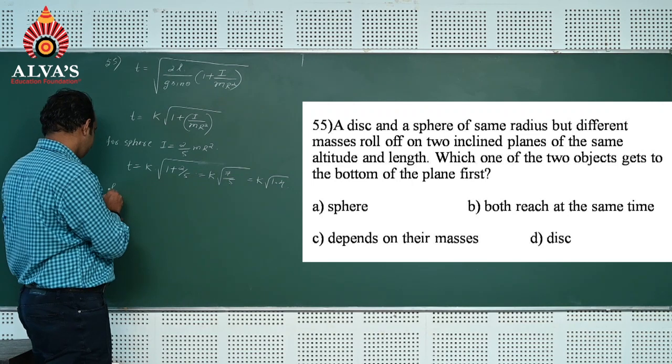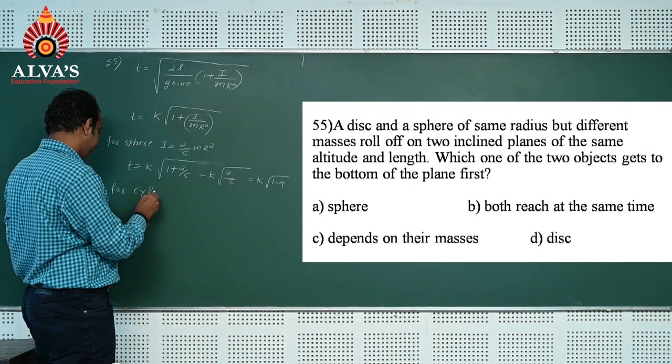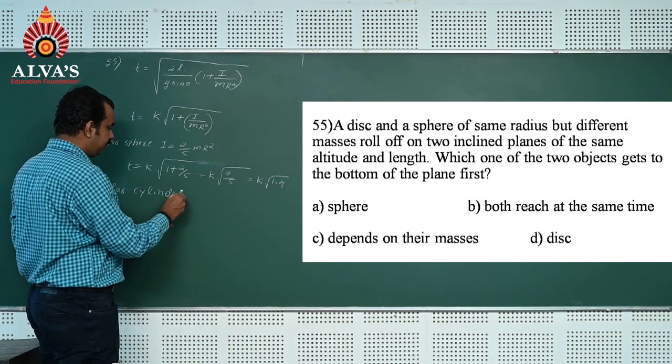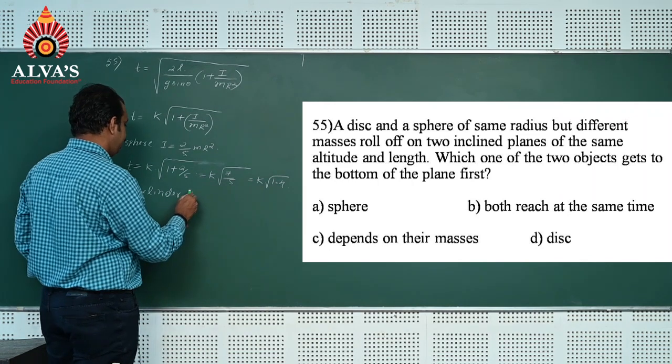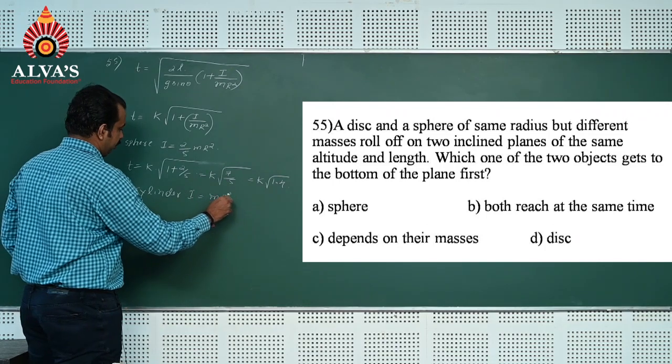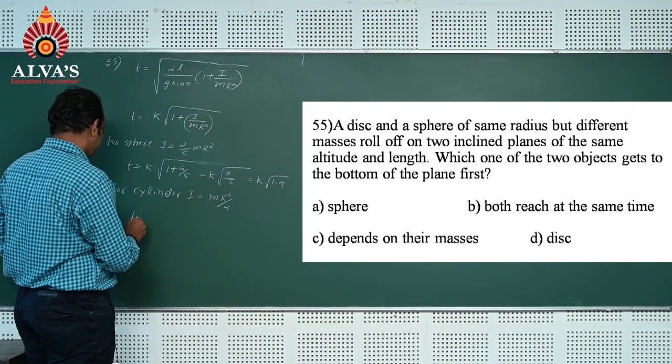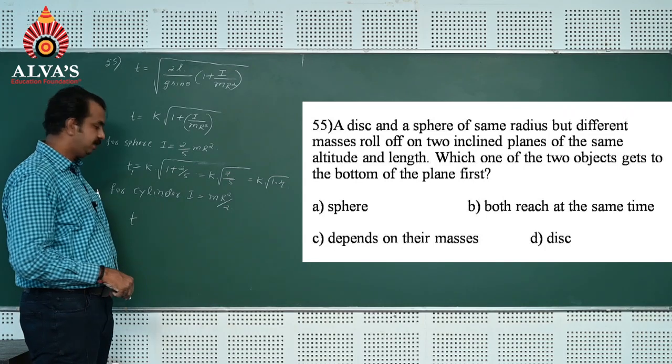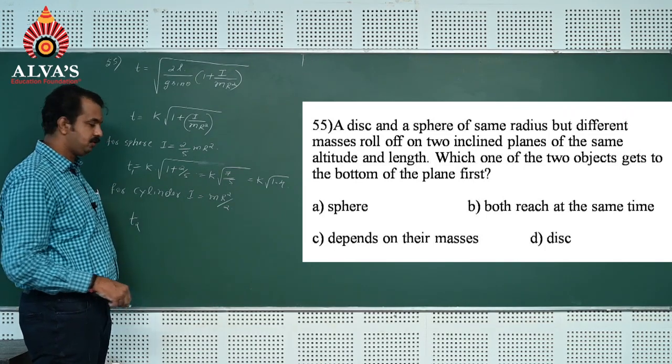Now, for cylinder, moment of inertia I is equal to mr square by 2. Now, I take time for sphere as T1, for cylinder time as T2.